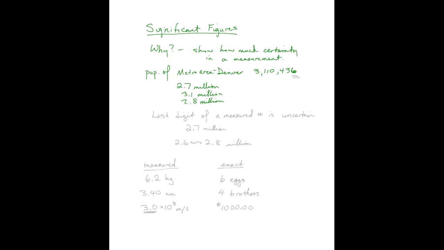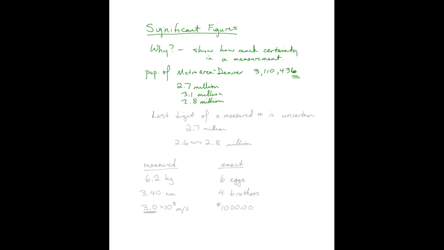But it's probably reasonable to think about it to the 10th of a million, but certainly not down to the very last digit. So if we say that there are 3,110,426 people in Denver, we're not really being very truthful. We don't know down to the last person how many people there are in the Denver area.